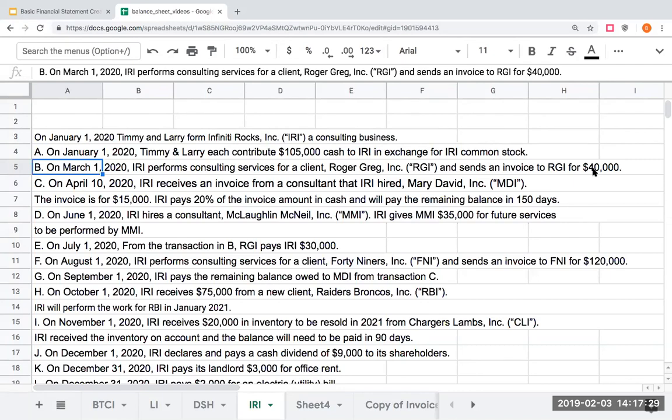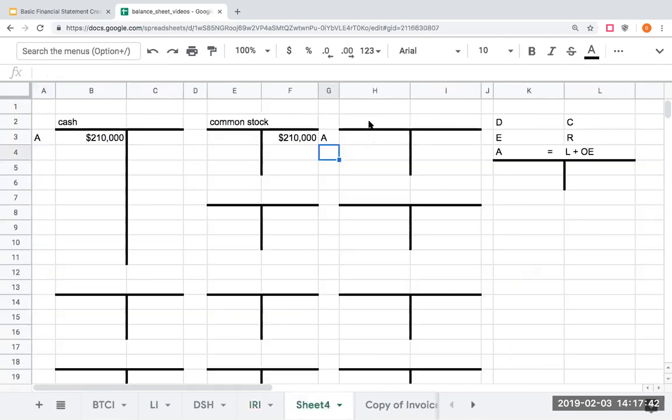The question is have we actually performed the services? So in this case, on March 1st, 2020, I've performed the services. So what I'm going to do is recognize services revenue, and I'm going to recognize the services revenue here with a credit for $40,000.